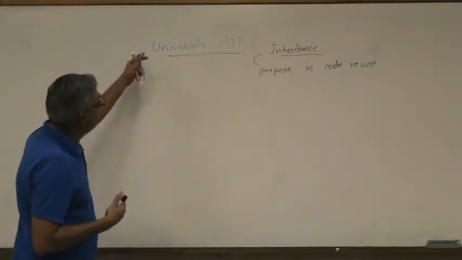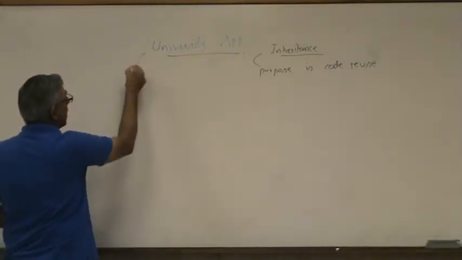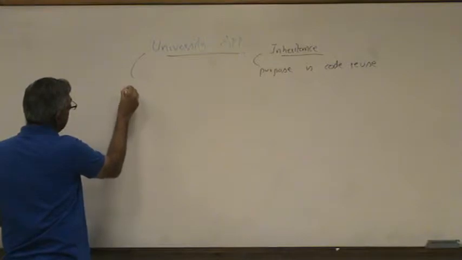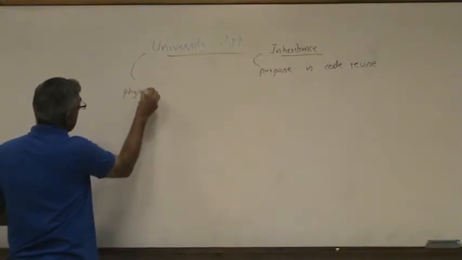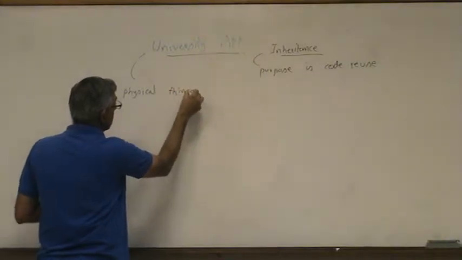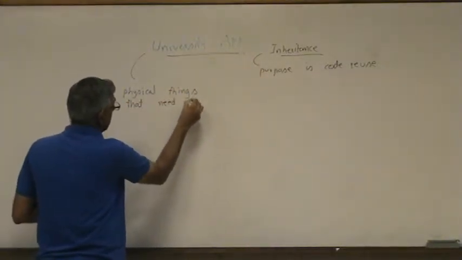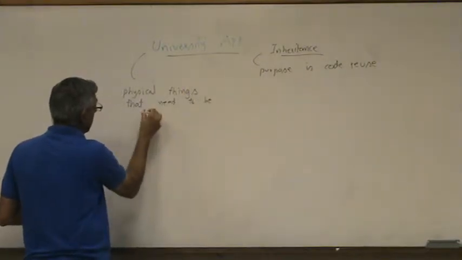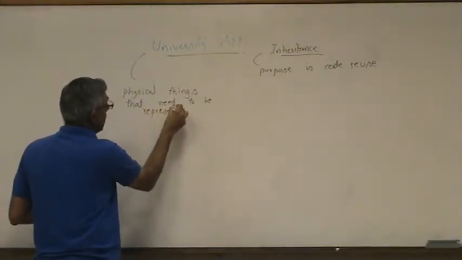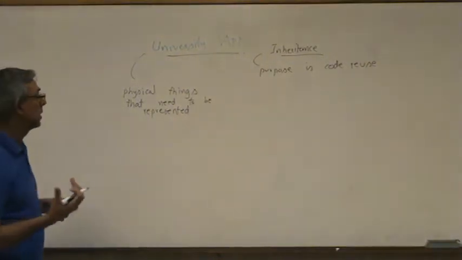For example, if you have to create an application for a university, you start taking a look at what are the physical things that exist in this university. So physical things that need to be represented. Okay, so obviously students are a big part of the university.